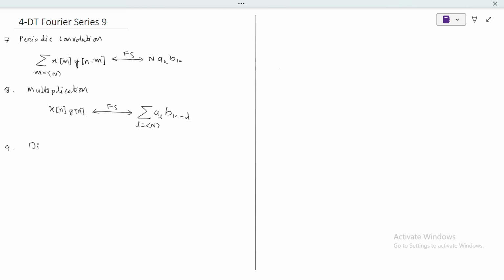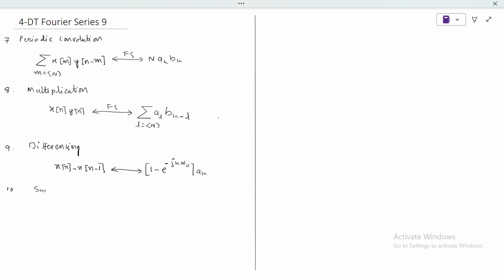Ninth one, differencing or first time difference. You can take any differencing; both are the same. So x of n minus x of n minus 1 goes to 1 minus e power minus jk omega naught into ak.